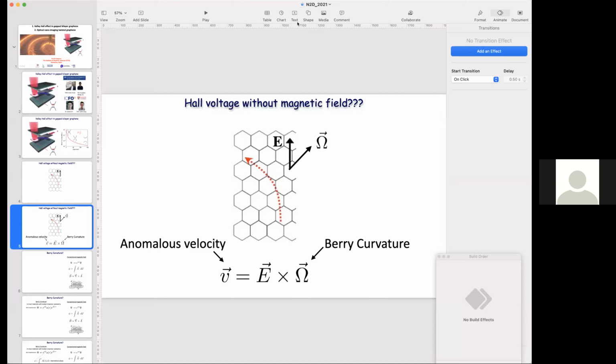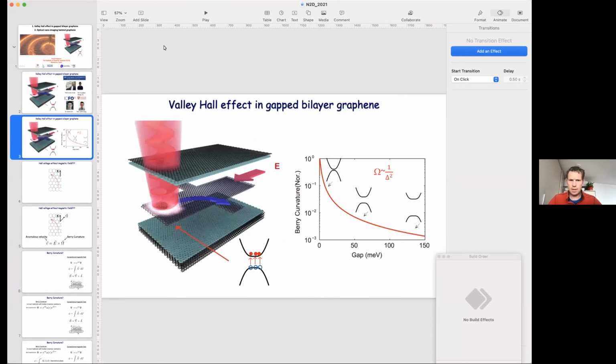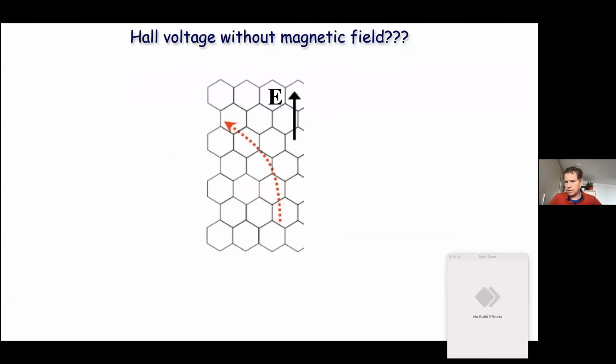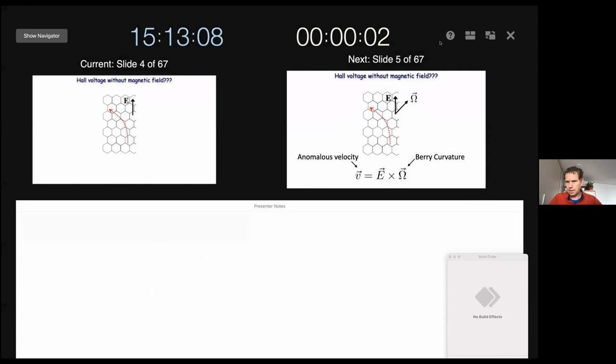Someone just said in the chat, you just need to close the build order window. I don't know how to do that. I know this bug, you just have to close the small build order window. Can you see the window? No, I don't see it. If I swap this place, wait. Now it's still there? Yep.